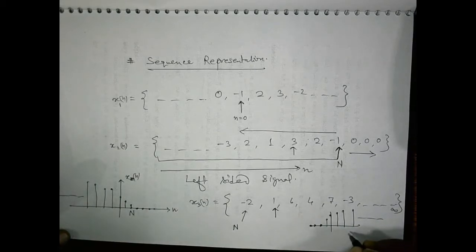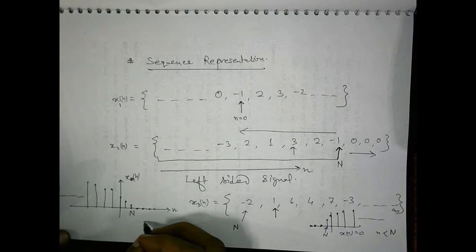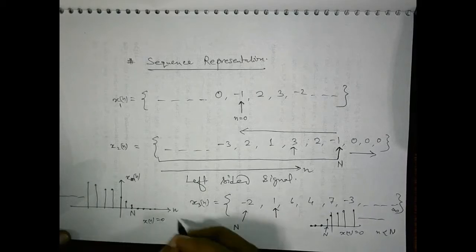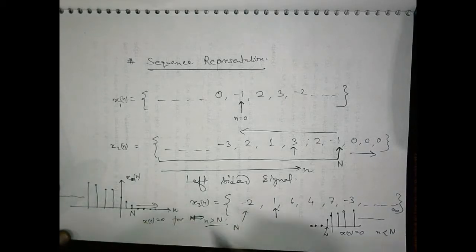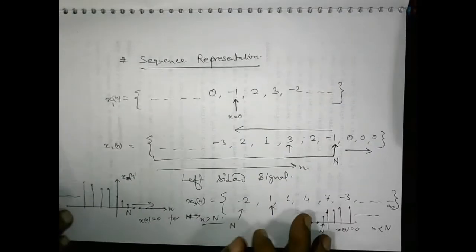Here the signal strength is 0, xn is 0 for n less than some capital N, and here the signal strength is 0 for n greater than some capital N. So these were the infinite duration signals, the signals that we have discussed in this sequence representation.